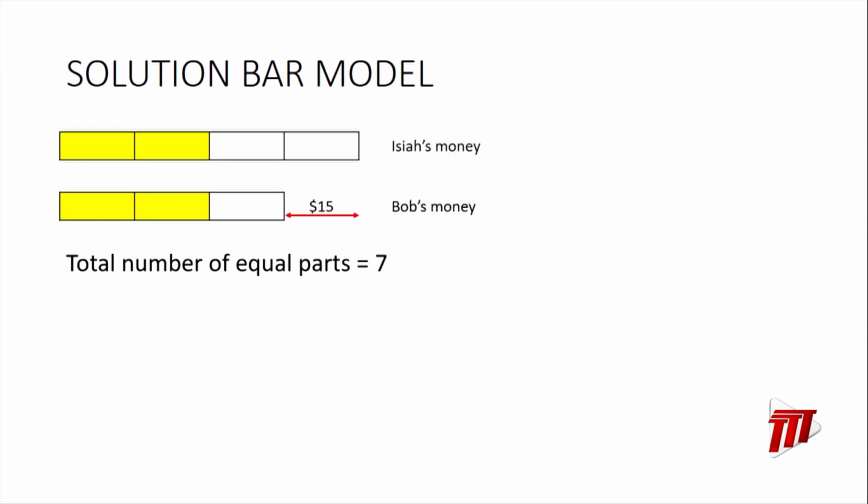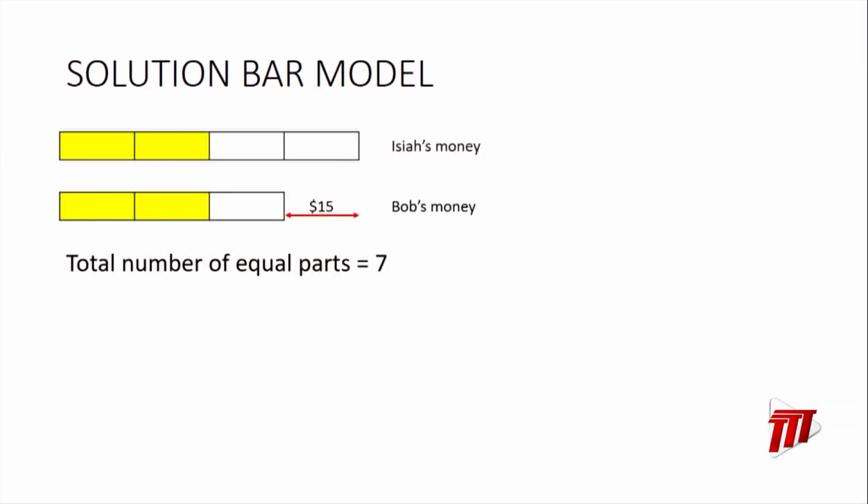The total number of equal parts that we have, therefore, is 4 for Isaiah and 3 for Bob. So we have 7 equal parts. We want to find out how much money they have all together. All together, they have 7 equal parts. What is the value of each part?